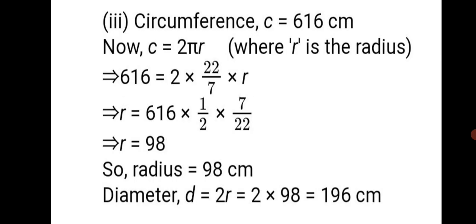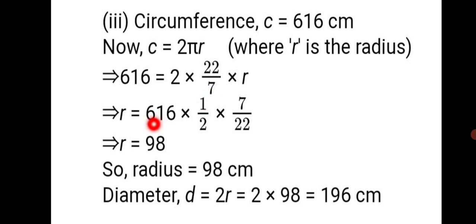What is given to us is circumference. Circumference is given as 616 centimeter. So now we will use the formula circumference is equal to 2 pi r, where r is the radius. Substitute the value of circumference. 616 is equal to 2 into 22 upon 7 into r. R remains as it is since we don't know. Now shift all the other values to one side.